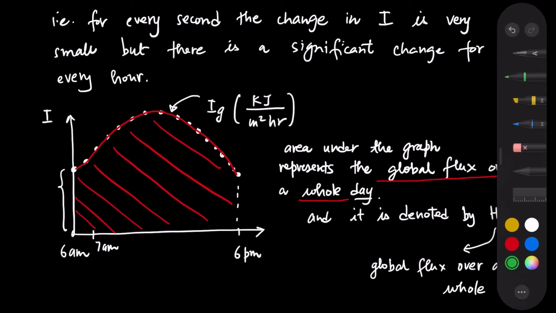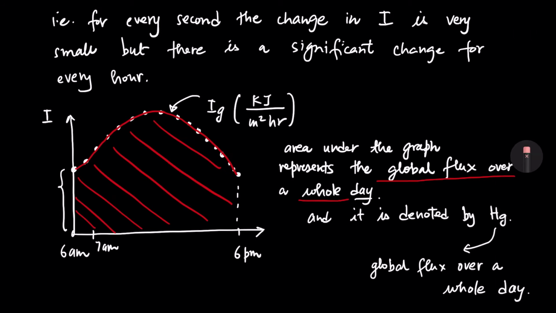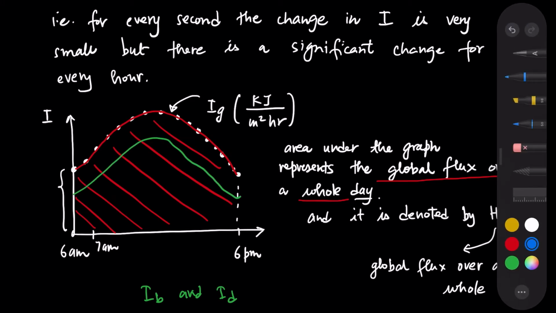Similarly, let us suppose I need to draw the graph for Ib and Id. So this graph represents Ib and this graph represents Id.